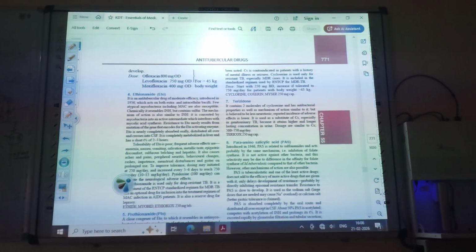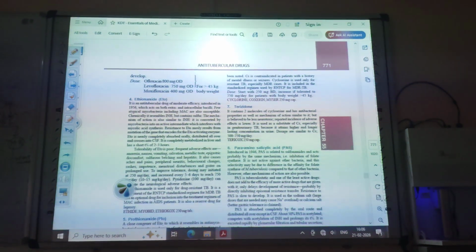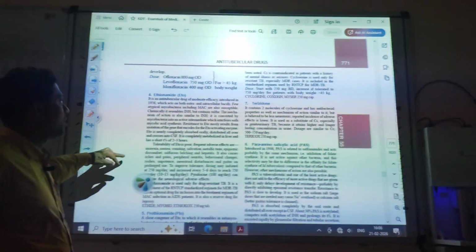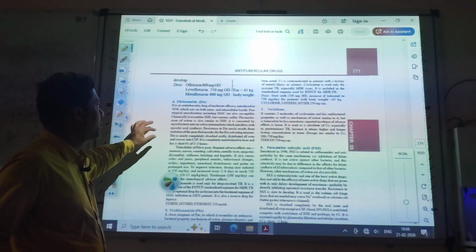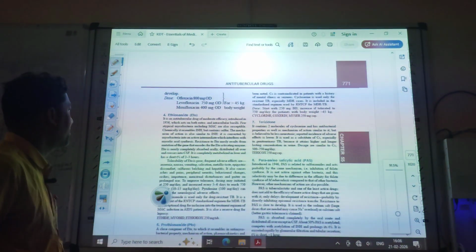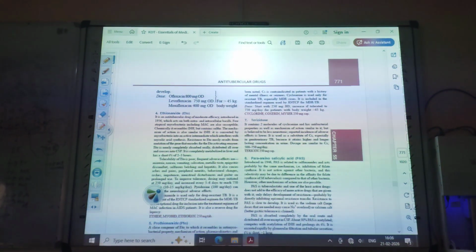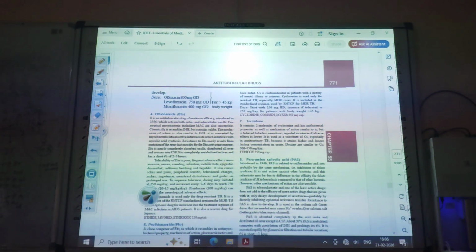Chemically it resembles isoniazid, INH, but contains sulfur. The mechanism of action is also similar to isoniazid. It is converted by mycobacteria into the active intermediate which interferes with mycolic acid synthesis. Mycolic acid is a constituent of the cell wall.